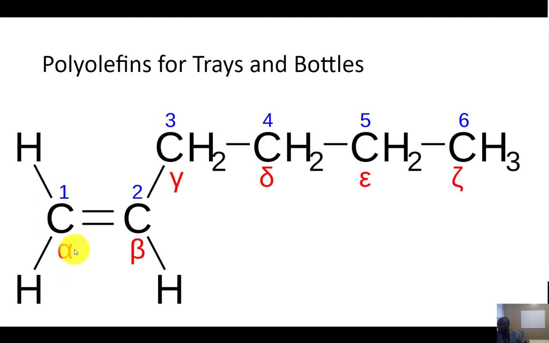So here, that's where we have this alpha. And it's a polymer made by polymerizing the alpha olefin. An alpha olefin is an alkene where the carbon-carbon double bond, as we see here, starts at the alpha carbon. That is, it's between carbon number 1 and carbon number 2.